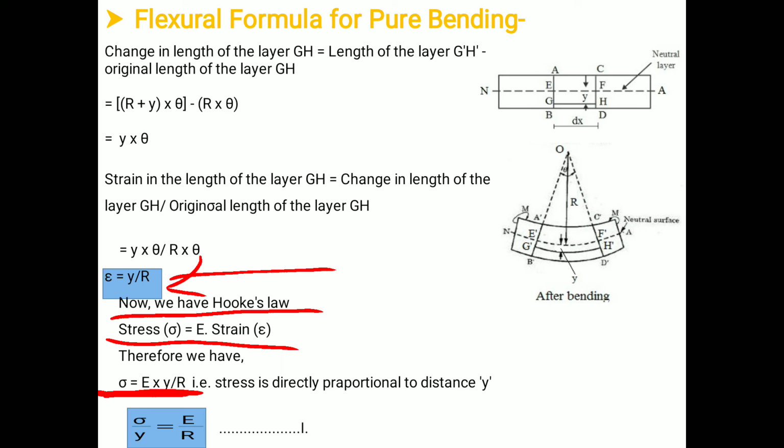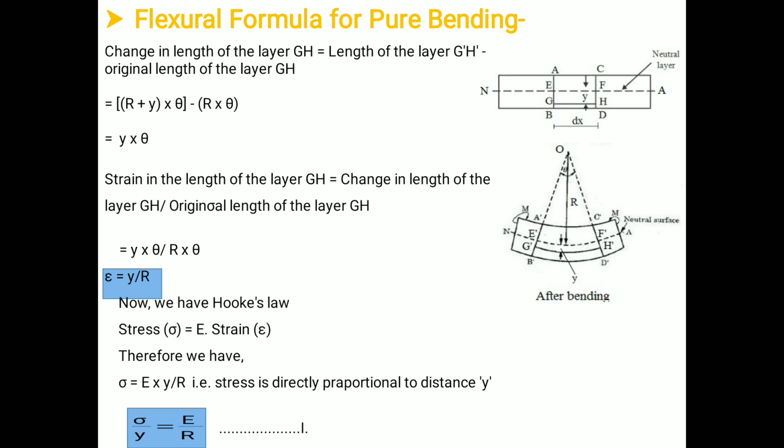If y is equal to 0, now all of you know that this y is nothing but the distance of G dash H dash or GH from the neutral axis. If y is equal to 0, then the value of stress will be equal to 0, because stress is directly proportional to y.